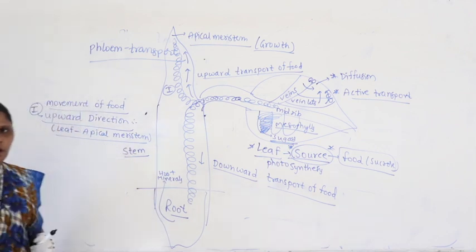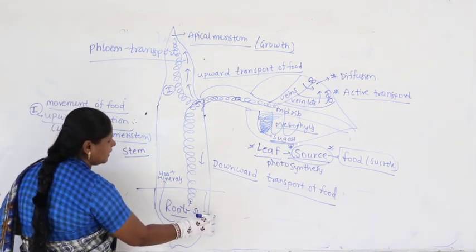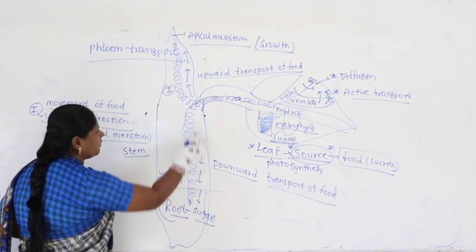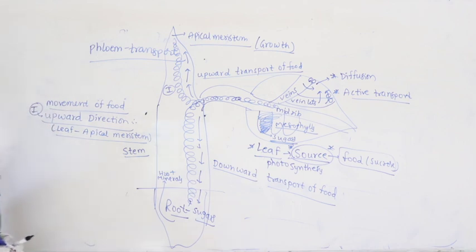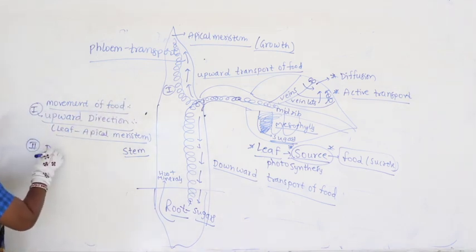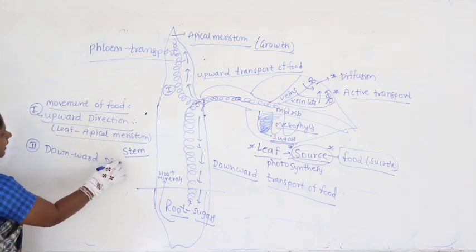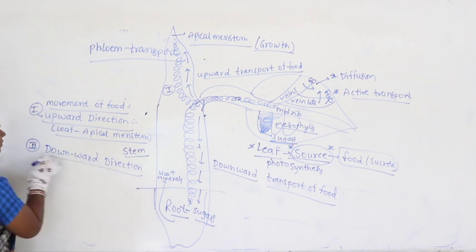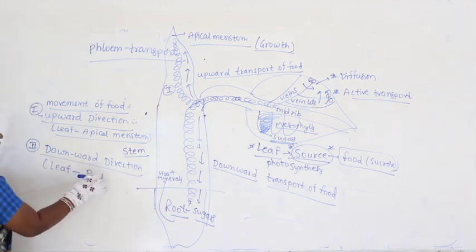Right? Food is coming down. Why? Because the root also has to survive. It needs food. So the food will get supplied from the leaf to the root. It's nothing but downward. So what is the second one we write? On the movement of food, we can say the downward direction. When you take the downward direction, from where to where? Again the source, the leaf, to the root system.